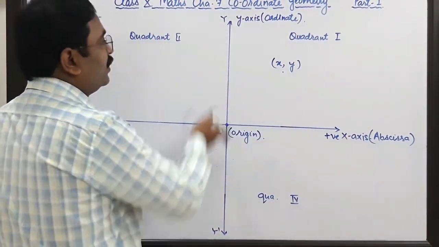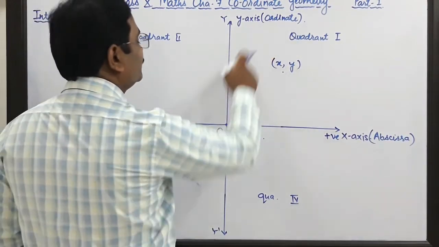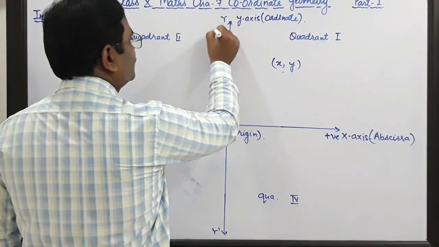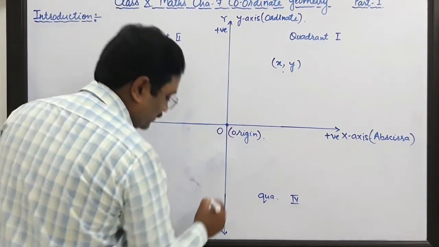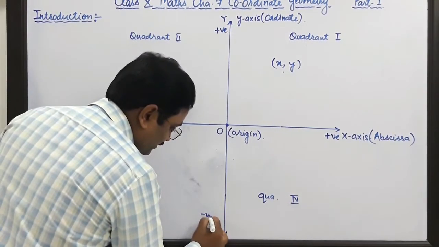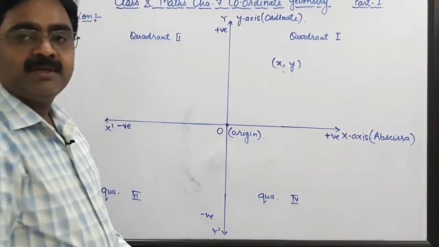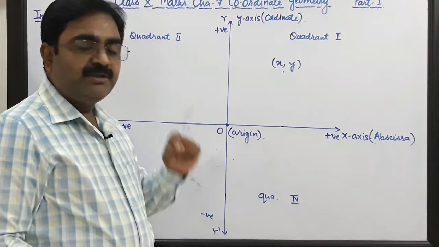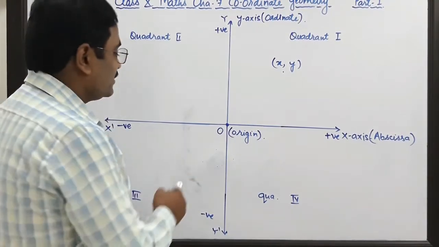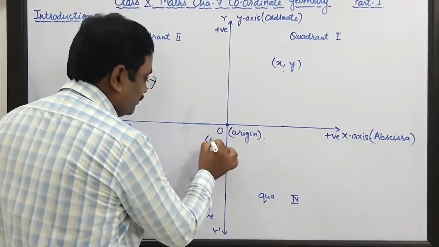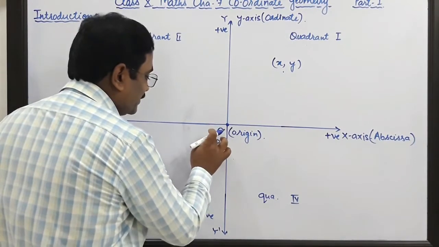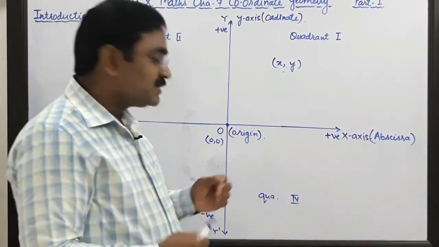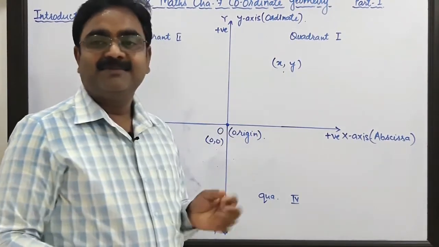Similarly, on the y-axis, meaning the ordinate, upward from the x-axis is the positive direction of the y-axis and downward is the negative direction of the y-axis. They intersect at point O, called the origin, and its coordinates are always (0, 0), meaning x is 0 and y is 0. We start measuring the distance from this origin, from the 0 point.